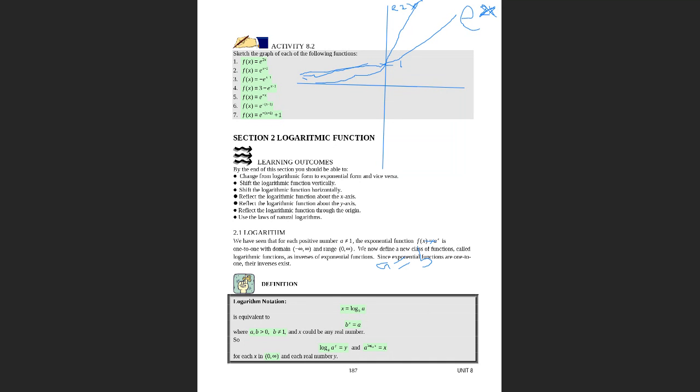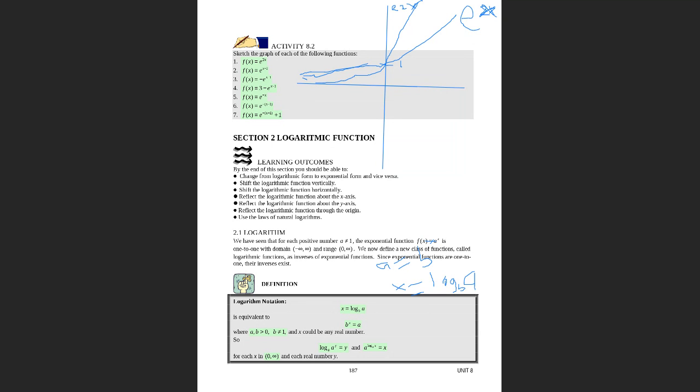In terms of logarithms, x will be equal to log base b of a, like this.